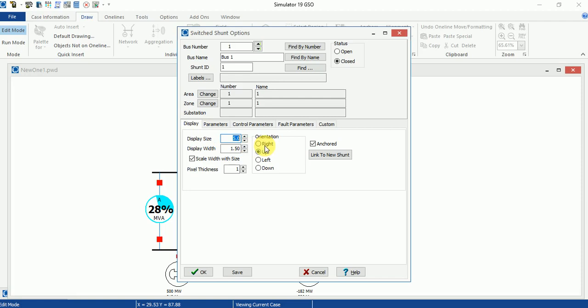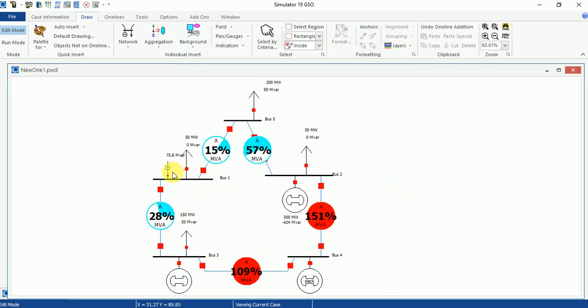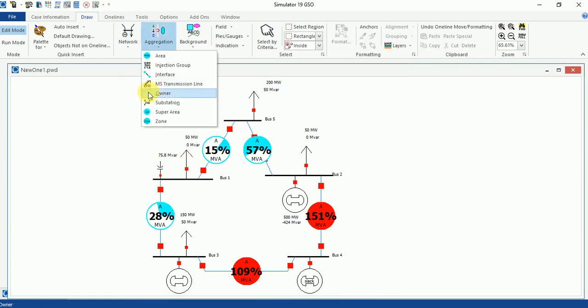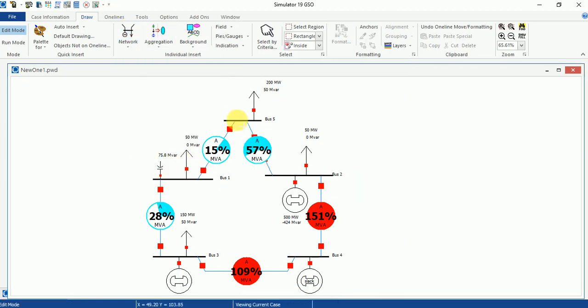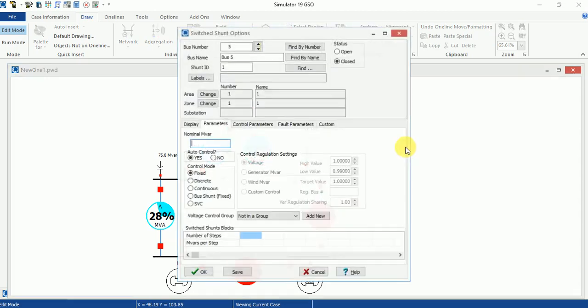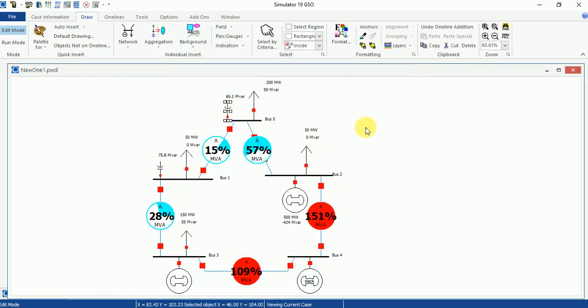The orientation must be up. So this is my capacitor at bus number 1, and also add a capacitor at bus number 5. I am adding a capacitor of 100 megawatts at bus number 5.